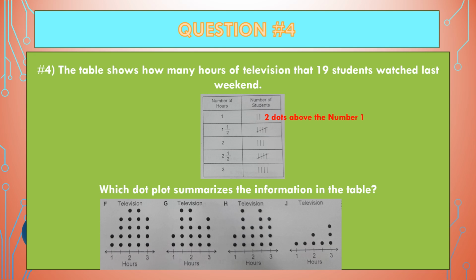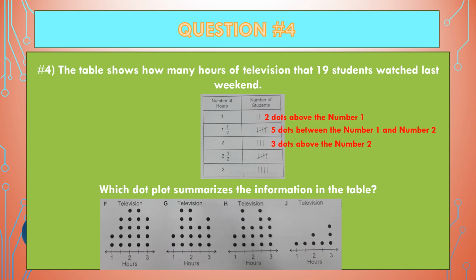The next line says number of hours, 1.5, and that's 5 tally marks. So there should be 5 dots between the number 1 and 2 on your dot plot below. The next line says 2 hours. So there should be 3 dots above the number 2 on one of those dot plots below.